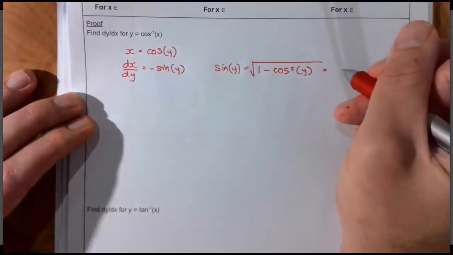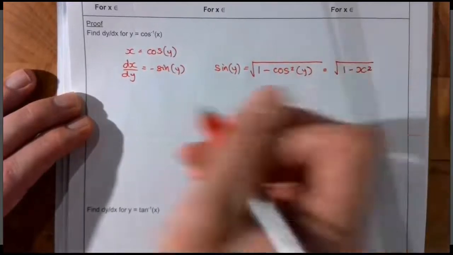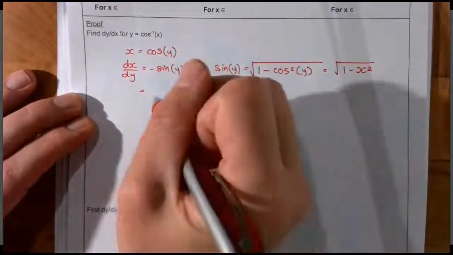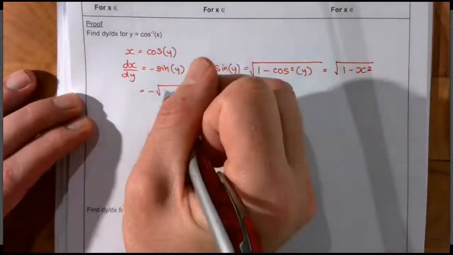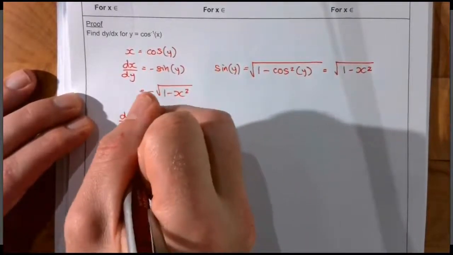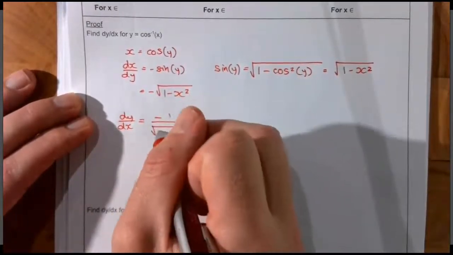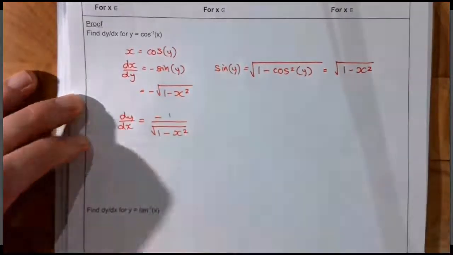So sine y I can write as the square root of 1 minus x squared. This means that dx by dy is minus the square root of 1 minus x squared. So dy by dx is minus 1 over the square root of 1 minus x squared.